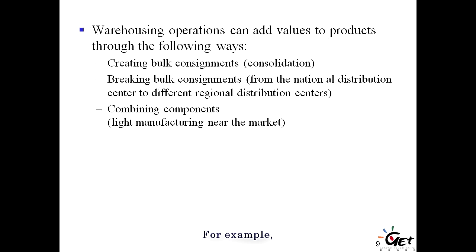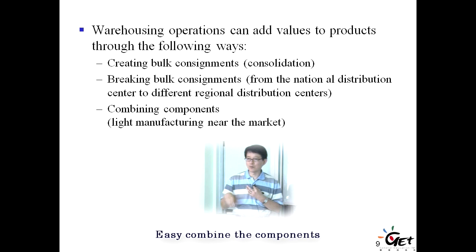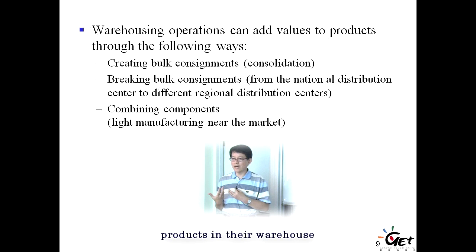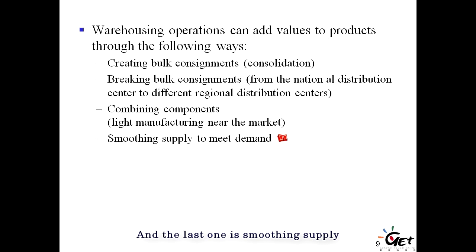Okay. For example, some distribution centers can do the assembly of the bicycles, right? So this is a simple assembly, or we say easily combining the components so that they can have the finished products in this warehouse. So nowadays some warehouses also perform this task. And the last one is smoothing supply to meet demand.